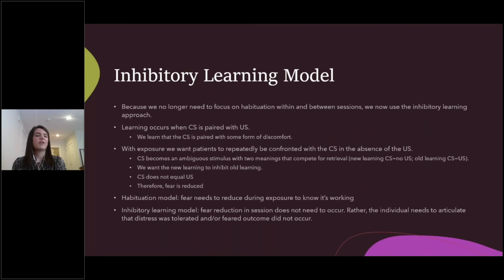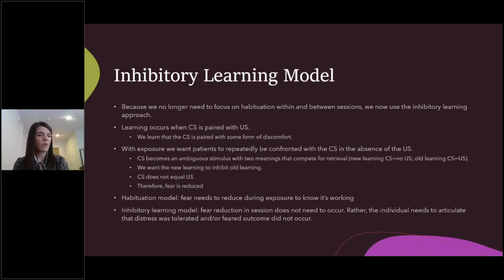Okay. So getting into more about this model, you have some background now. Because we don't really care about habituation anymore, within the session and also between sessions, we now use this inhibitory learning approach.